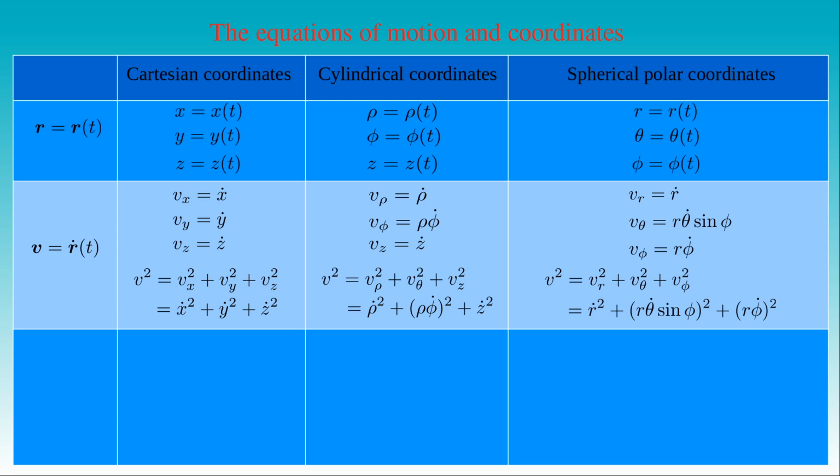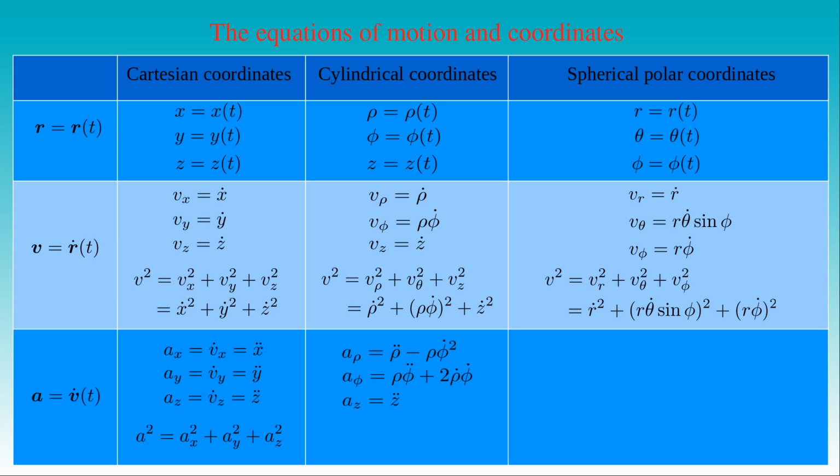In the third line of the table, we can see the acceleration a as a function of time. The components of the acceleration in Cartesian coordinate system are the second-order derivatives of the coordinates x, y and z. The square of the length of the acceleration is the sum of the square of these components. In the next column we can see the acceleration written in cylindrical coordinates.